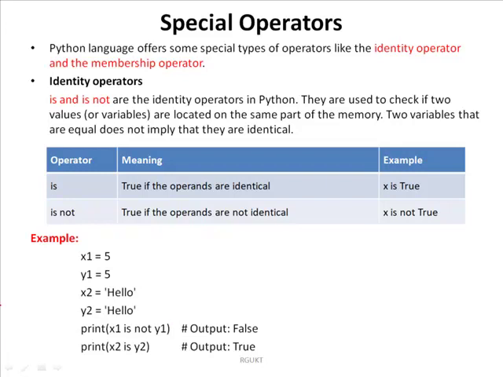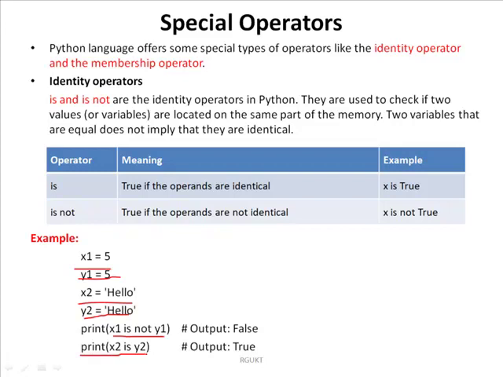So let us take an example here. X1 equal to 5, Y1 equal to 5, X2 equal to hello, Y2 equal to hello. Print X1 is not Y1. Both are identical, so it is going to return false.